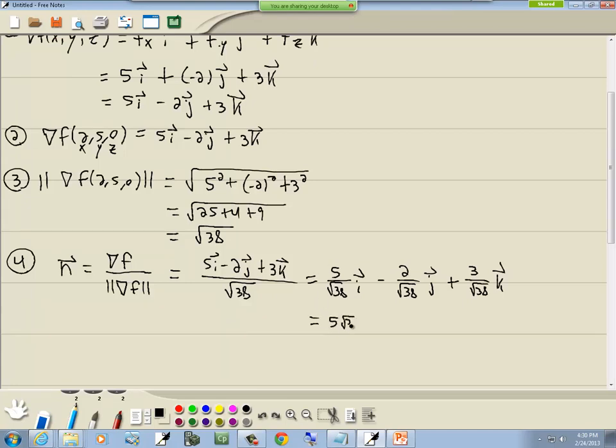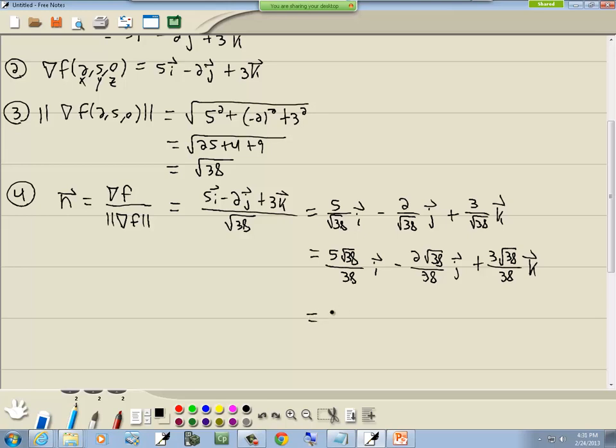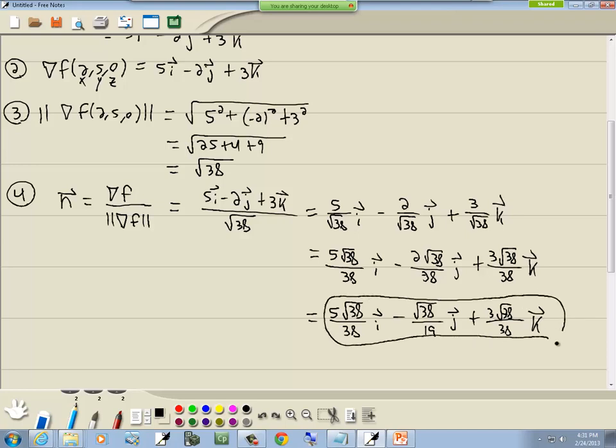So we got 5 square root of 38 over 38 i minus 2 square root of 38 over 38 j plus 3 square root of 38 over 38 k, which gives us 5 square root of 38 over 38 i minus, 2 and 38 both divisible by 2, so we got square root of 38 over 19 j plus 3 square root of 38 over 38 k. And that's our answer. Now let me see if I can graph this.